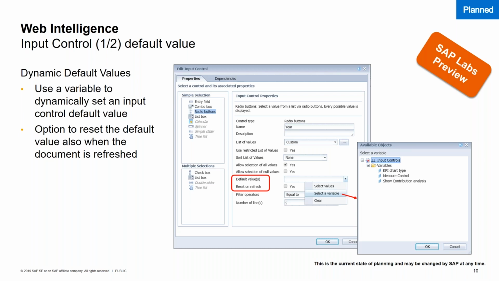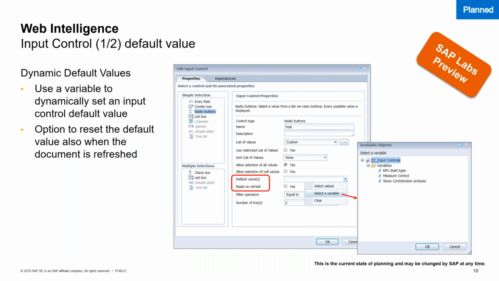So you have before to create a variable. This variable will return one or more values. If the input control is a mono selector, if the variable returns one value, this single value will be used to fill in this mono selector.